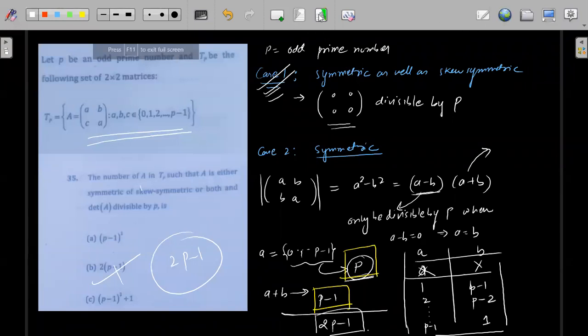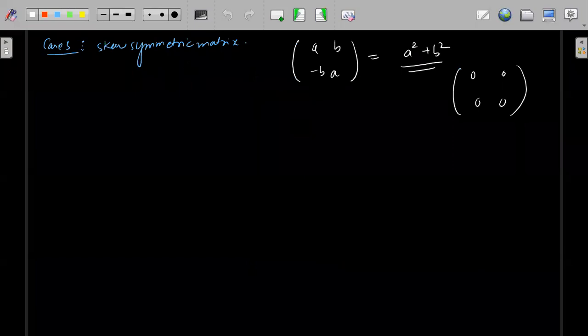Now see, the last case is the skew symmetric case. In the skew symmetric case, the matrix will be 0, b, minus b, 0. But we know in the skew symmetric case, the diagonal part will be 0. So the determinant will be a square plus b square, but because this is skew symmetric, the a value will be 0.